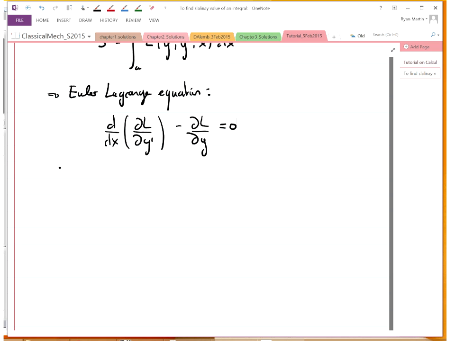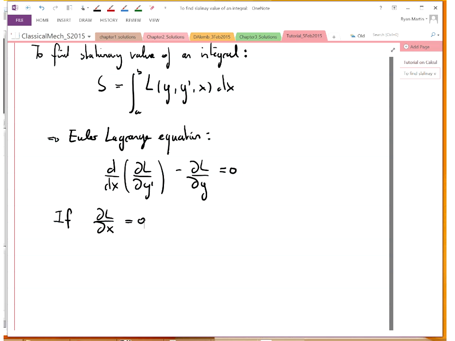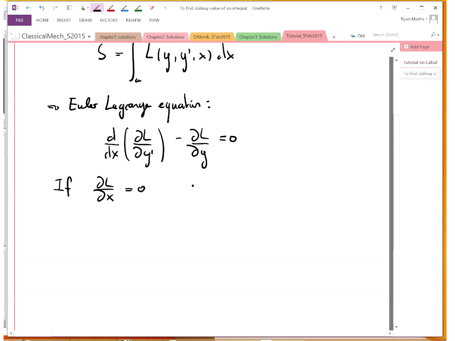Now this simplifies sometimes. If partial L by partial x is equal to 0, so the L function, the integrand, doesn't explicitly depend on x. It still implicitly depends on x because it depends on y, which depends on x. But if the partial derivative with respect to x is 0, then instead of the Euler-Lagrange equation, we can use a more simple form.